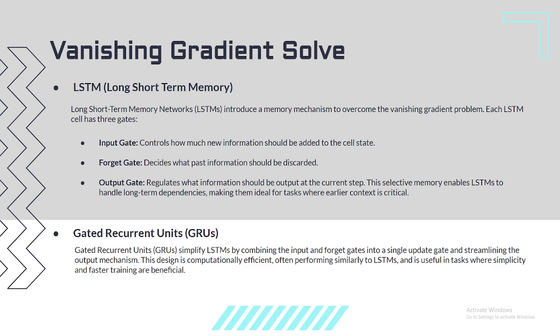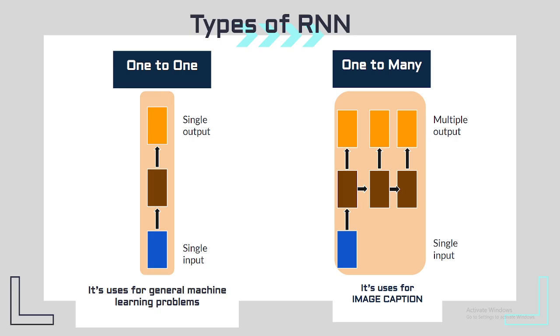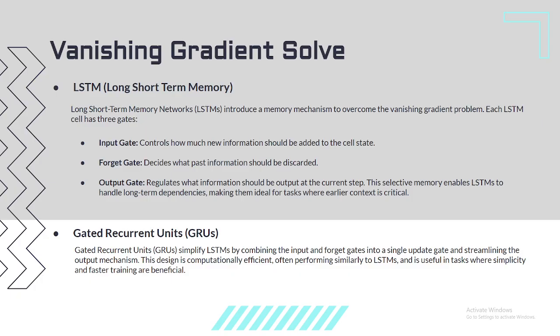Together, those gates form a powerful feedback loop, selectively remembering, forgetting, and sharing. This allows LSTM to retain relevant information across long sequences without the gradient vanishing into nothing.